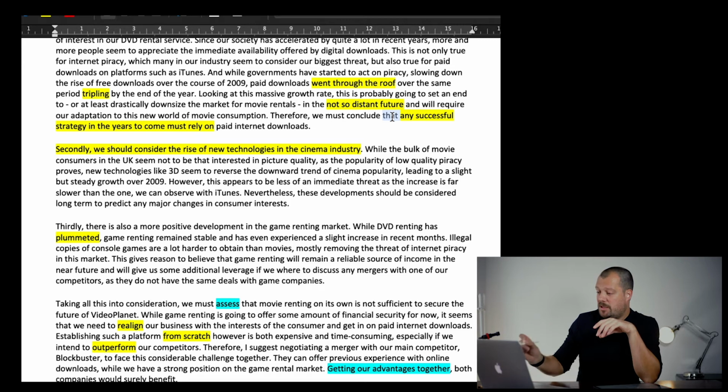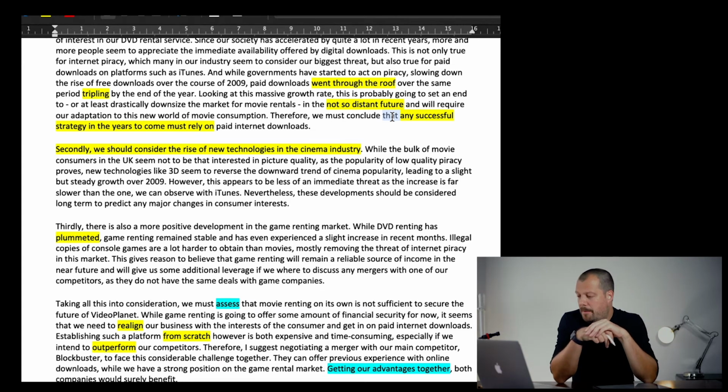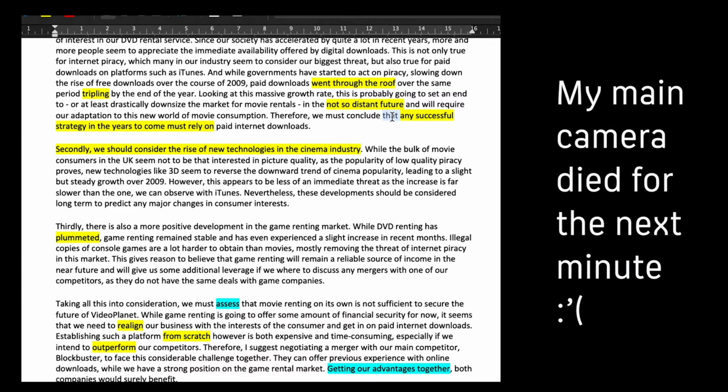And by putting this "that" in the middle, Timon achieves a situation where he's not simply stating this is the case, like the successful strategy must do this. He's saying we must conclude that, and it creates this step between him as the writer making an assertion, making a claim, and him putting one step between himself and that claim, which brings the reader into the thinking.